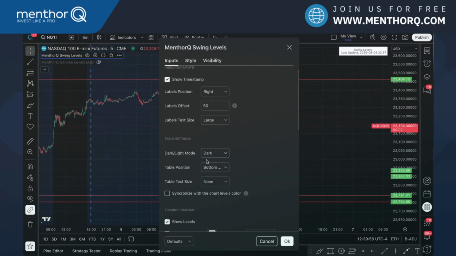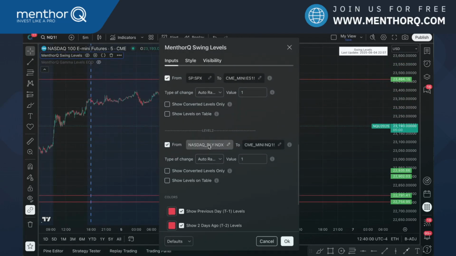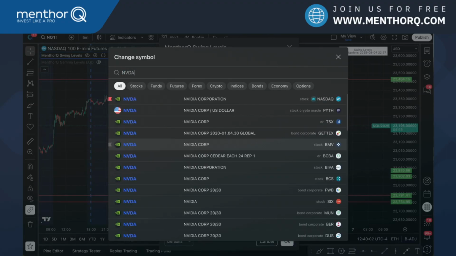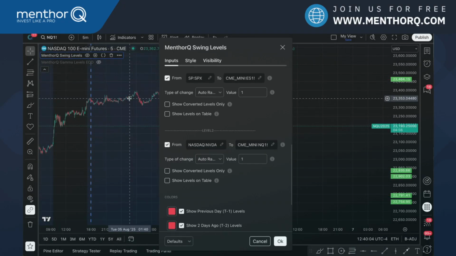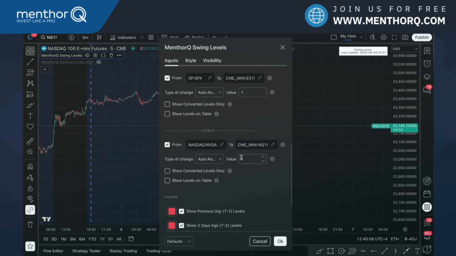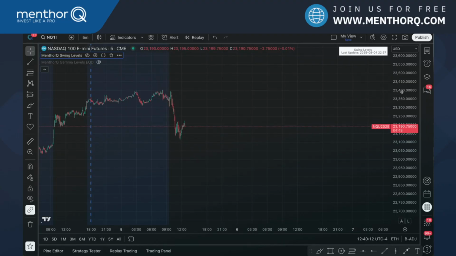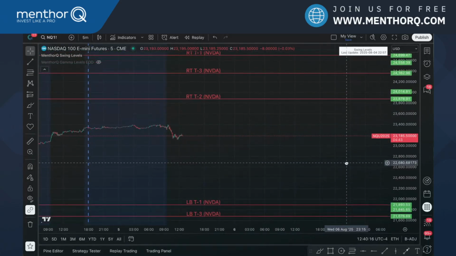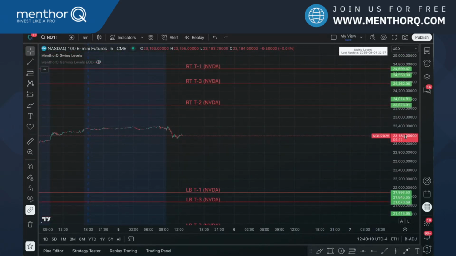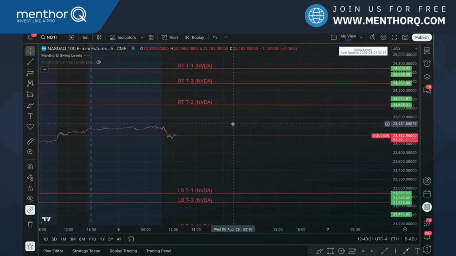So let's say that you wanted to, for example, plot NVIDIA levels on NQ. You want to see basically how NVIDIA could potentially have a reaction on NQ. So we can actually go back on NQ, and basically we can see where our swing trading levels for NVIDIA are converted to our NQ price.